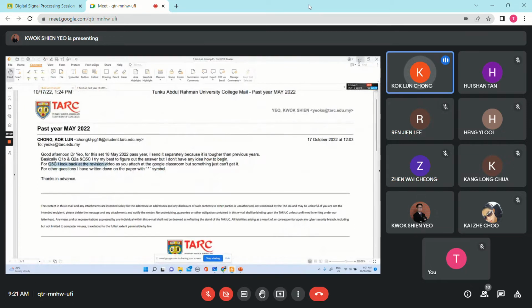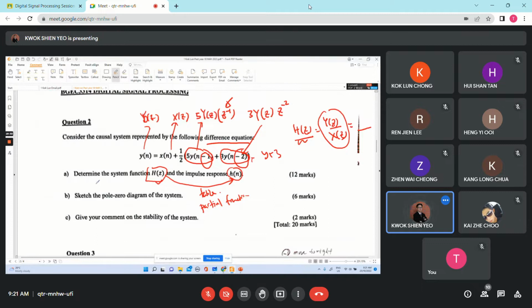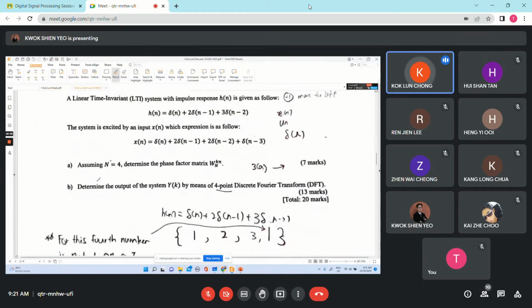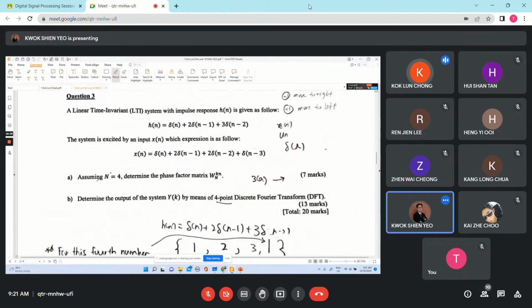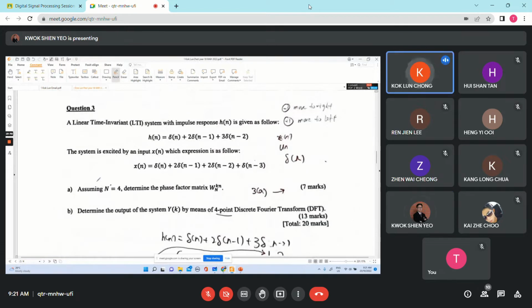Actually, for question 3, can you help me check that? Can you just scroll down? Yeah, for this LTI system, what I got for the HN is 1, 2, 3. Is that correct? How do you write the HN? This one is 1.